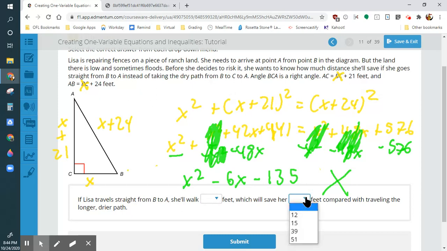Compared to her other way, which is this. I still need to figure out what this is. I can't find a way to get this because, hold on, we're doing a negative. Okay, that might make a little more sense.